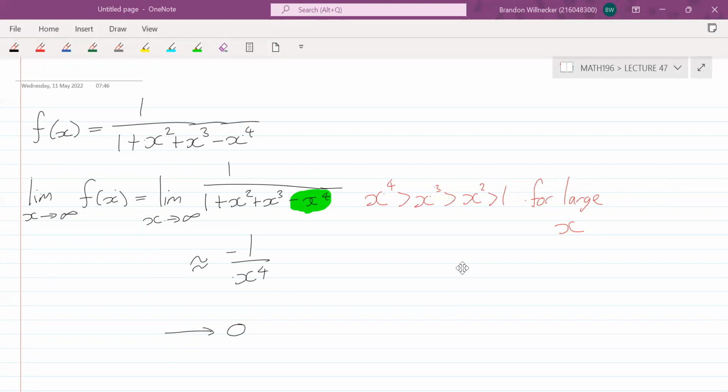And also note that if you have dominant terms, you can treat those as your only terms and ignore the less dominant terms. Like in this case, x to the 4 is going to be much larger than the other terms. So we can actually treat this as minus 1 over x to the 4 for large enough x. Okay, and that gives you an idea of what the limit should be.